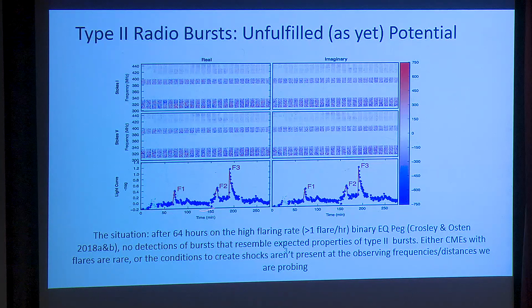These are some of the optical flares observed during one particular scan. This is the dynamic spectrum in Stokes I and Stokes V. This is just the real and imaginary components of the data. The situation is we didn't see anything. We did see one burst that was not consistent with what we would expect a stellar CME to look like. So either CMEs with flares are rare, or the conditions to create shocks are not present at the observing frequencies and distances that we're probing.